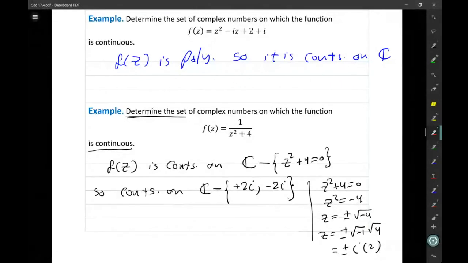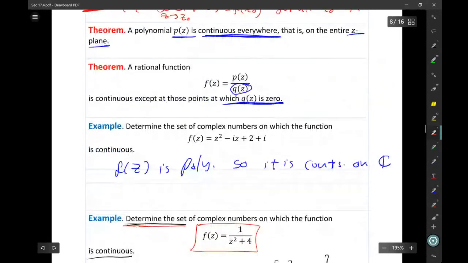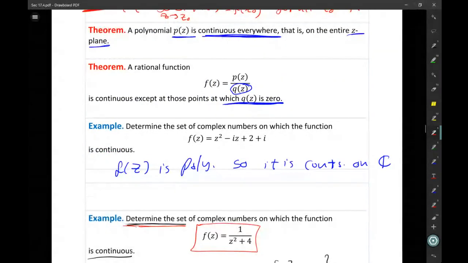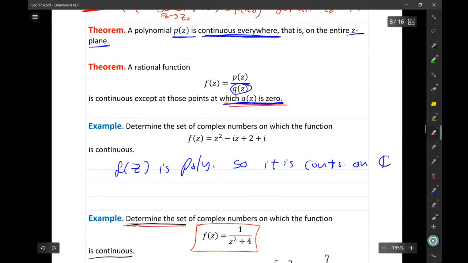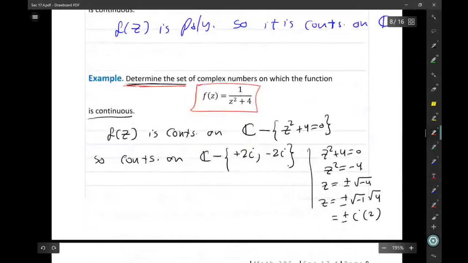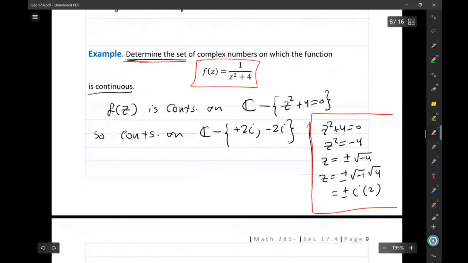Now, it says determine where the function f of z is continuous. We said it is continuous at all points except the zeros of the denominator. So this function is a rational function and continuous on the set of all complex numbers except the zeros of the denominator, which we calculated here. z squared plus 4 is equal to 0.